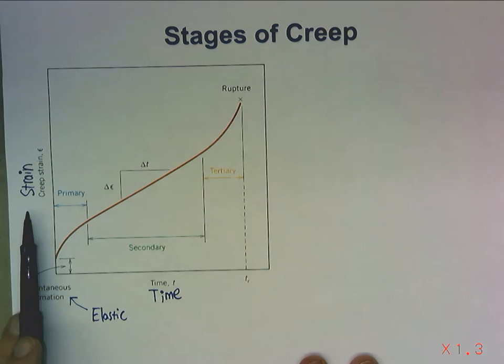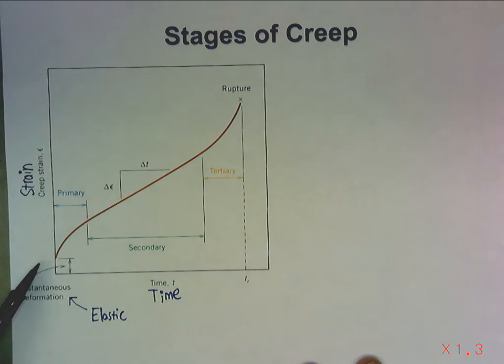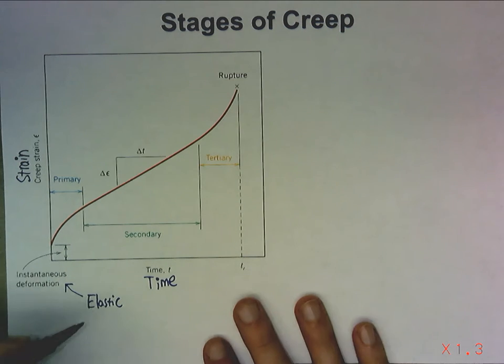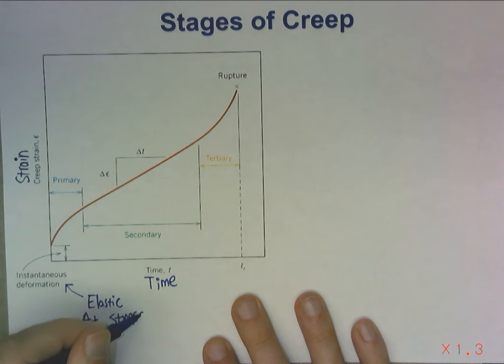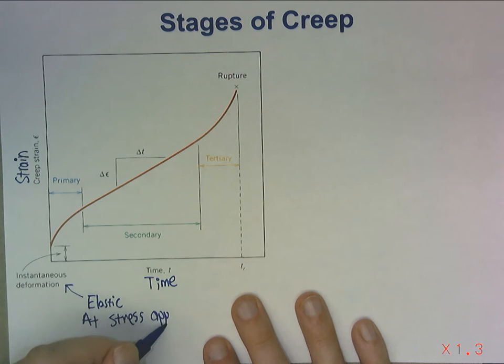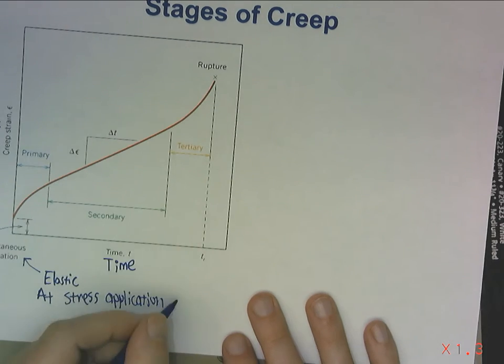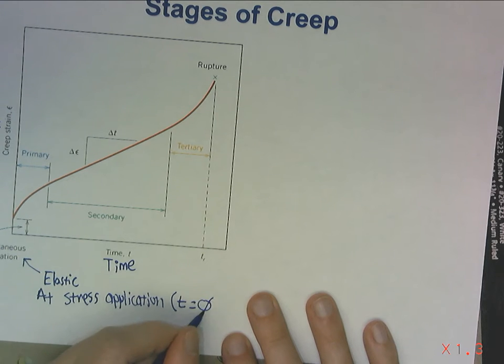So what are we doing? We're looking at stretch or strain over time. So initially we get some elastic strain as soon as the stress is applied. So elastic at stress application. That establishes time equals 0.